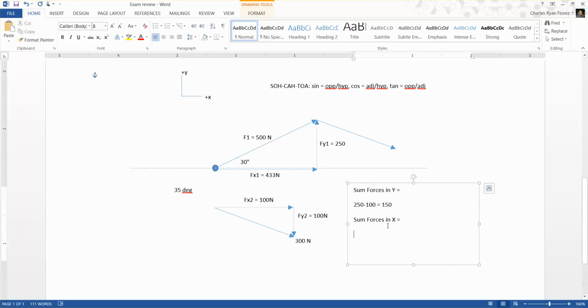This is going to be a lot bigger, right? Maybe, let's say 200. Well, we could find it using the Pythagorean theorem, but let's say it's 200.